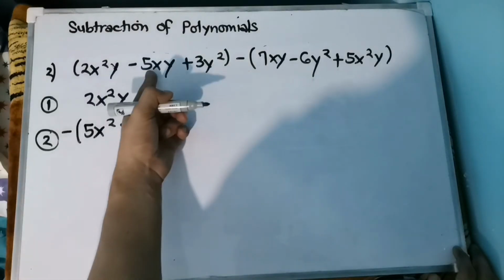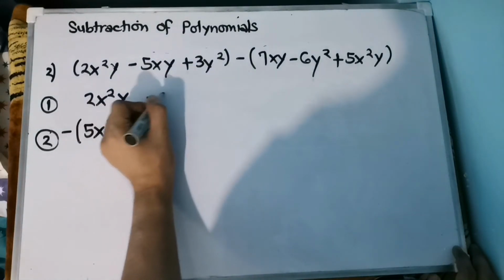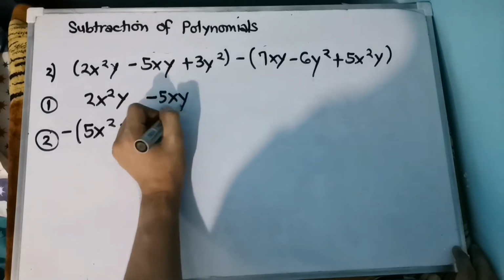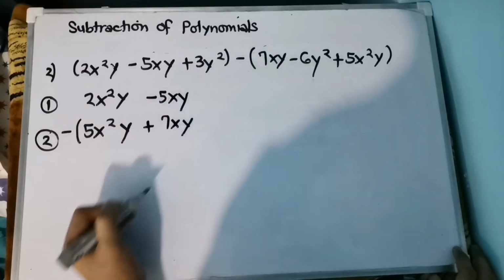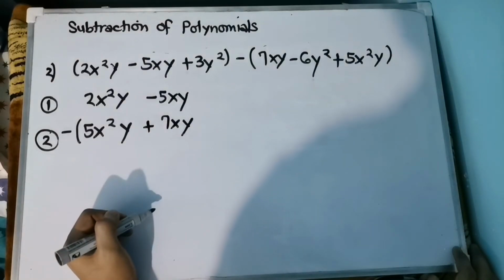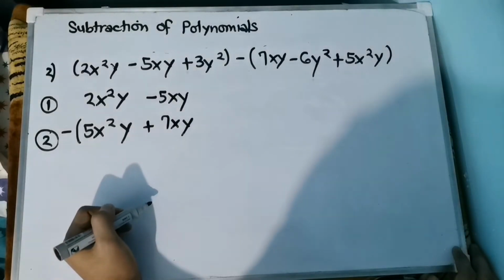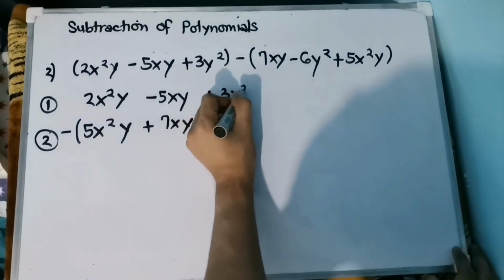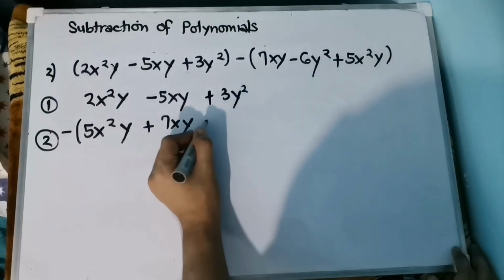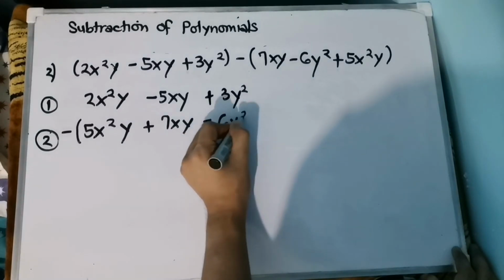And then we have xy: negative 5xy and positive 7xy. And then we have 3y squared, positive 3y squared, and negative 6y squared.